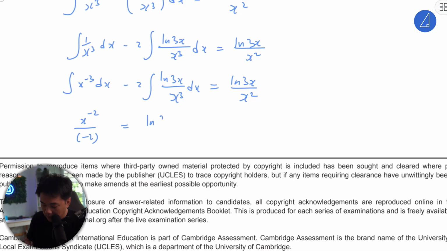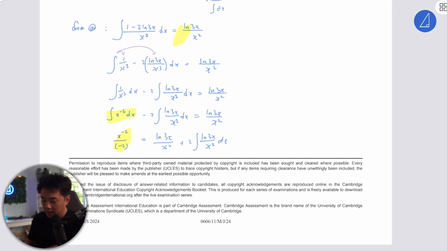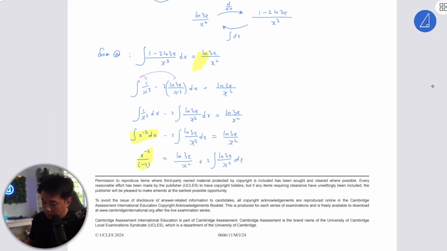This is ln 3x over x squared plus the integral of 2 ln 3x over x cubed dx. Remember, the integral of this is this. Then just make this the subject. What we want is this guy here. I'm going to make this the subject.